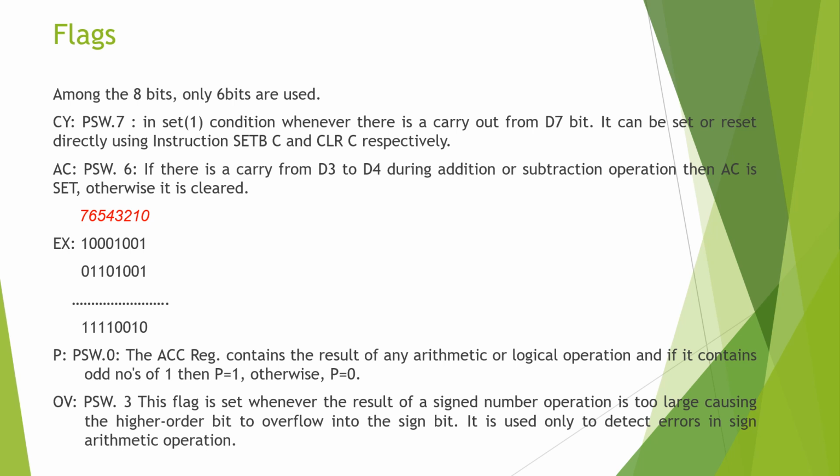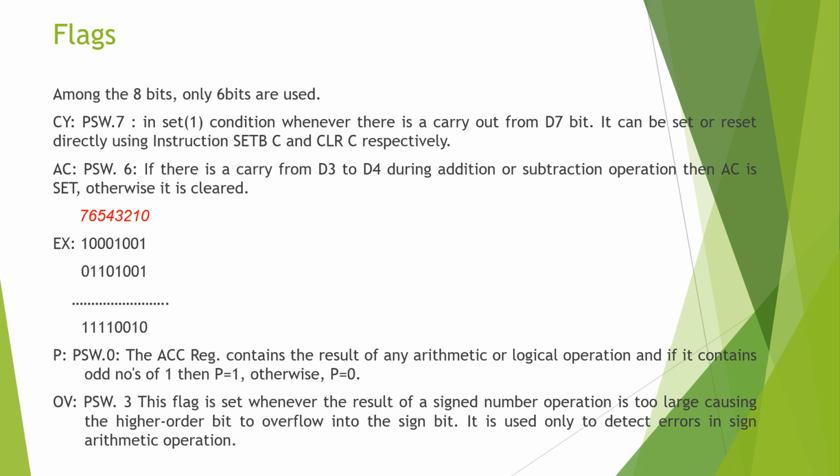We know what signed arithmetic is. In digital notation, when we want to represent any number in digital format, we can represent the number in signed magnitude format. That means the D7 bit is reserved to indicate the sign of the number.